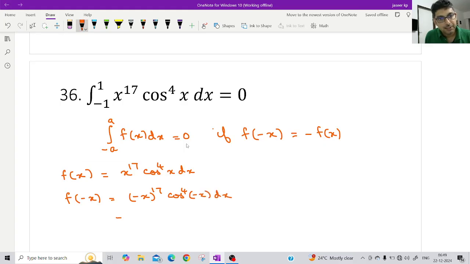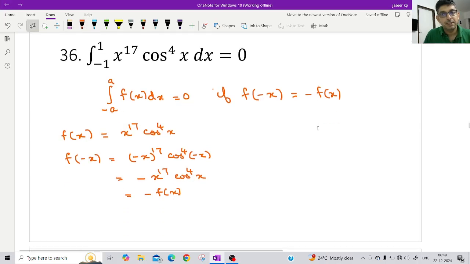Sorry, that is a mistake. So minus x to the power 17 cos power 4 x, which is same as minus of f of x. So that means f of minus x equals minus f of x. That is, f of x is an odd function.